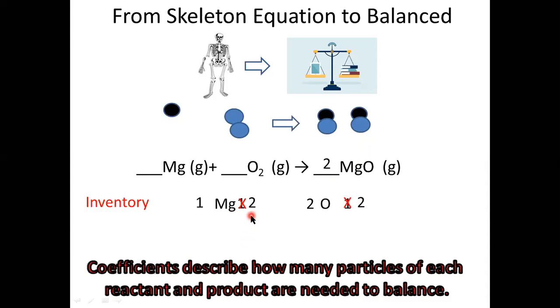There are now 2 magnesium as product, 2 black particles, but there's still only 1 magnesium on the left side as reactant. So we can fix that by writing a coefficient in this space where magnesium exists.